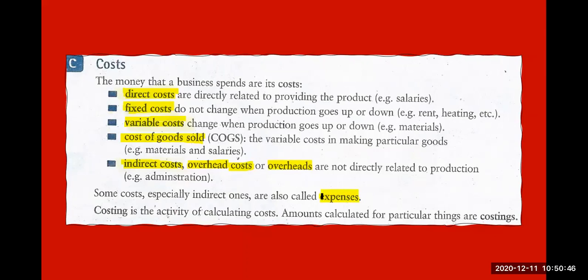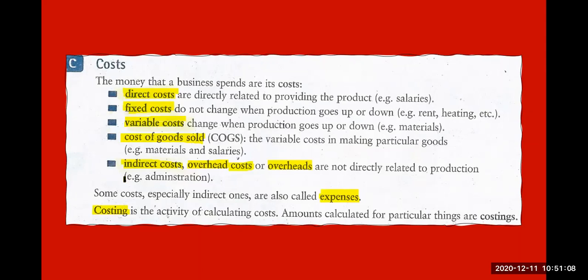Okay. Well, what's important is to understand the definition and to distinguish the different ways you can use this vocabulary. So direct cost, as you can see here, is the cost that affects or is involved directly in the production of something.